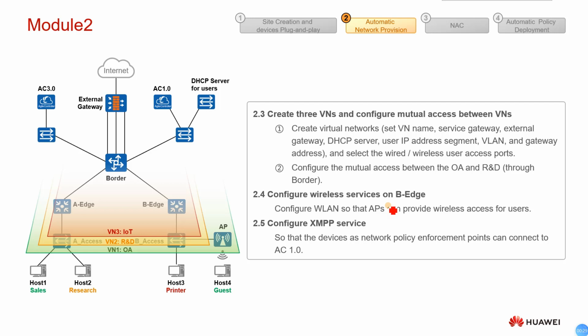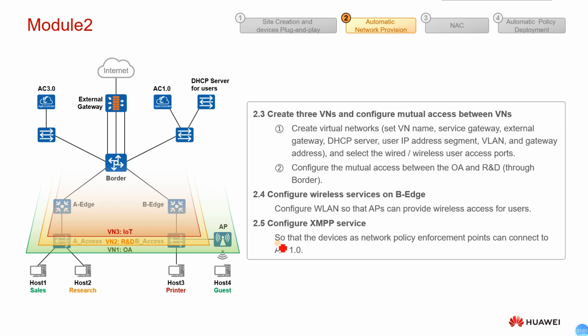And in some cases, we may want the user from one virtual network to communicate with another IP subnet in another virtual network. Under this case, if the communication is allowed inside of the fabric, we can finish the configuration very easily on the AC 3.0.